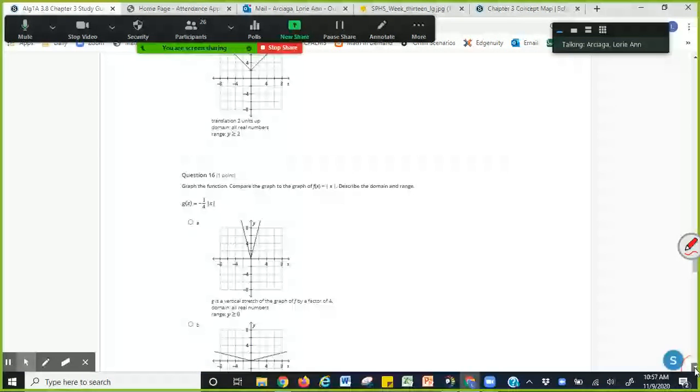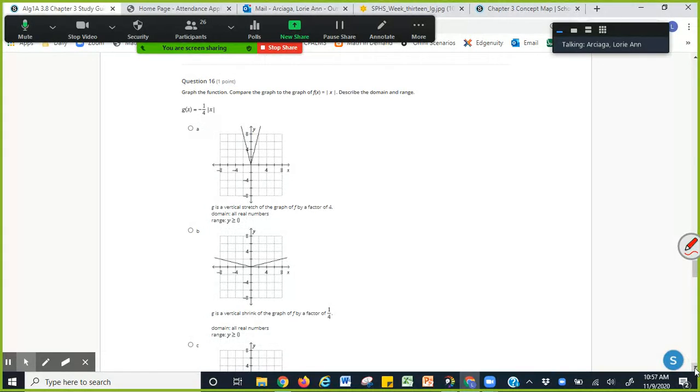Next, graph the function. Compare the graph to the graph of f of x and describe the domain and range. This one is a little tricky. g of x is equal to negative 1/4 times the absolute value of x. Remember when I made you copy the graphic organizer?